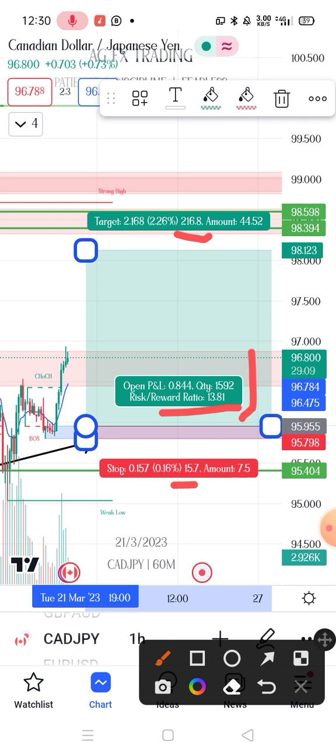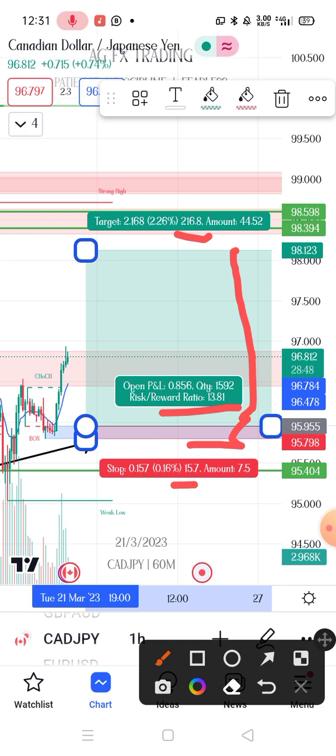Here the ratio is: I'm risking $1 to make 13 times that. If it goes against me, outside this red block, I'm losing $1. If it goes in my favor and comes here, I'm making $13.